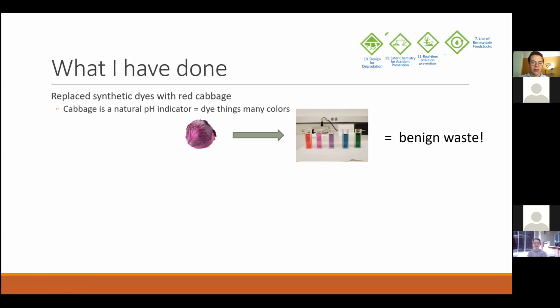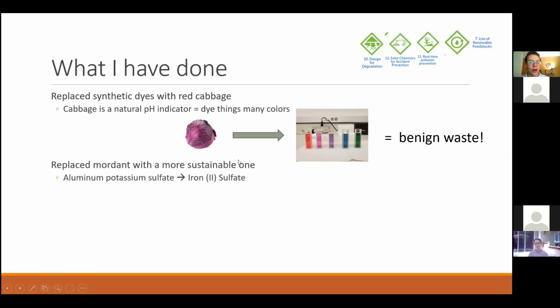So go team. Additionally, the waste produced from using red cabbage is benign, meaning I don't need to worry about what effects it might have. You can just dump it in your grass and your grass won't die, which is a good sign. Not that that should be the standard, but you know.